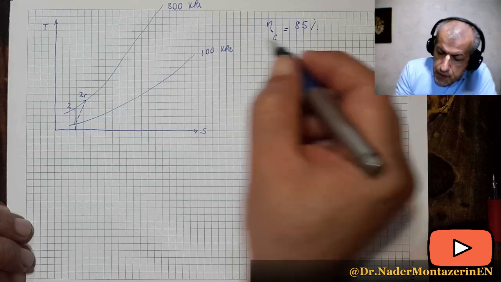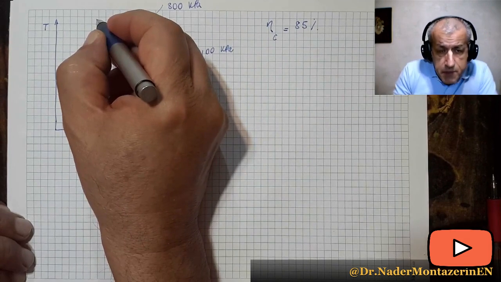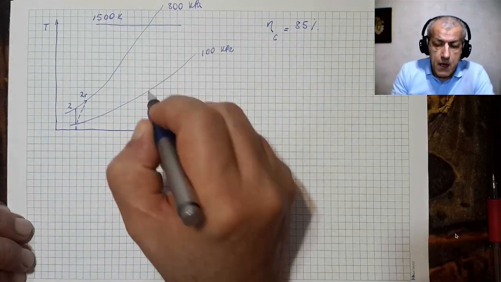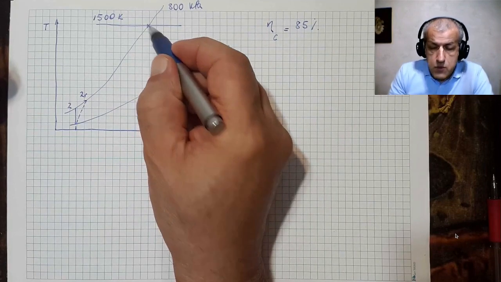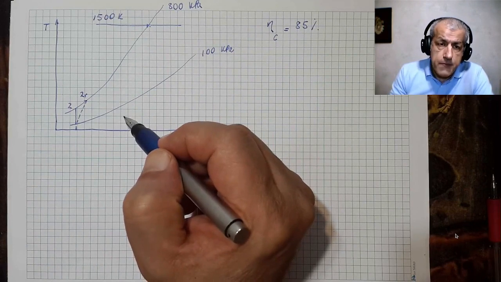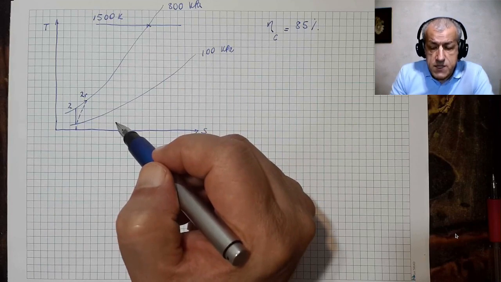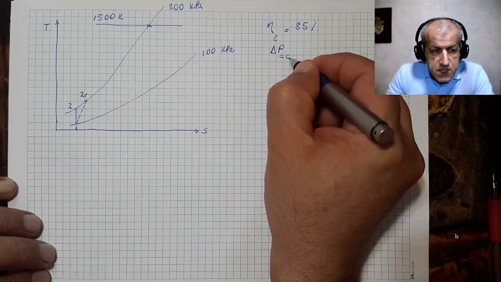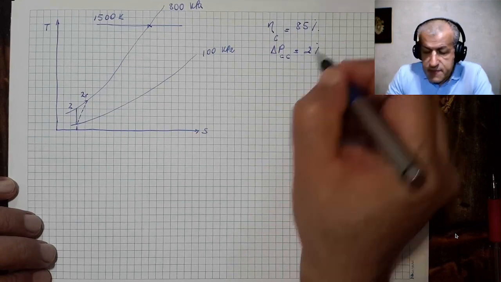Now, the maximum possible temperature for the cycle is 1500 kelvins. Now, for the ideal cycle, we would come to 800 kilopascals with no pressure loss. But in a real cycle, there is some pressure loss in the combustion chamber, perhaps delta P in the combustion chamber is some 2%, say.